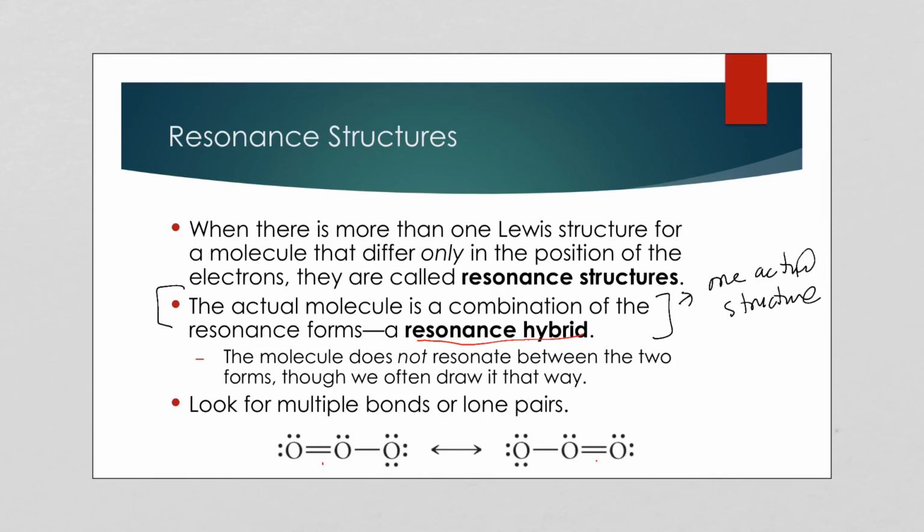And one of the limitations is we can't draw this in Lewis theory. We have to do the two resonance structures or multiple resonance structures. It's the only way that we can convey this idea, and it's a limitation of the theory. Okay, so let's do some resonance structures.